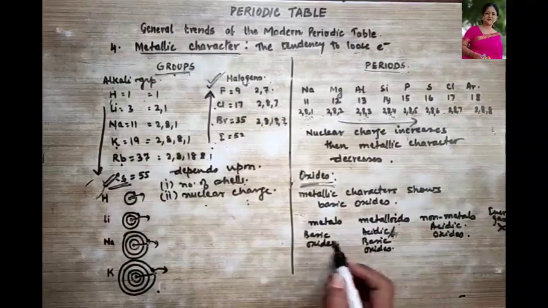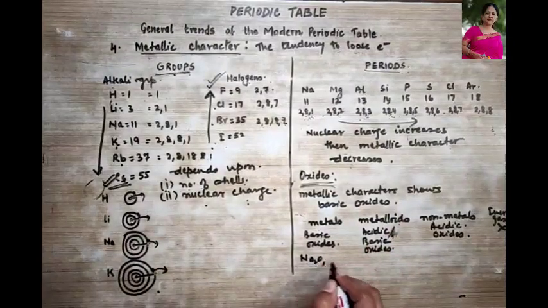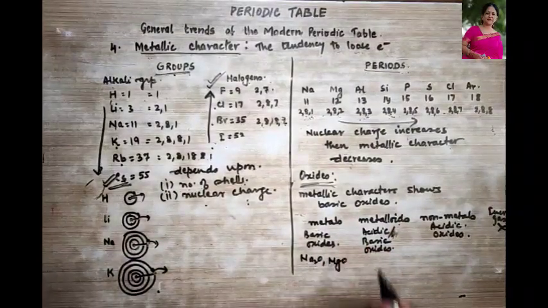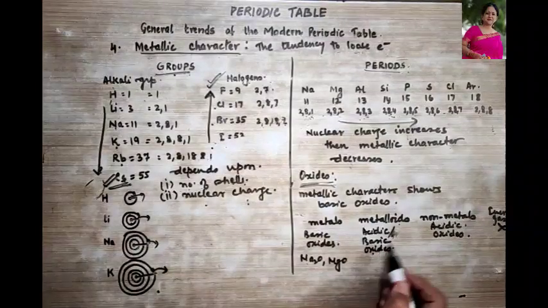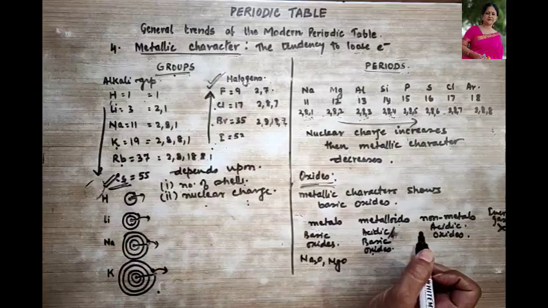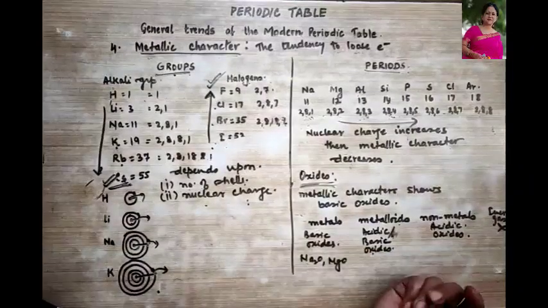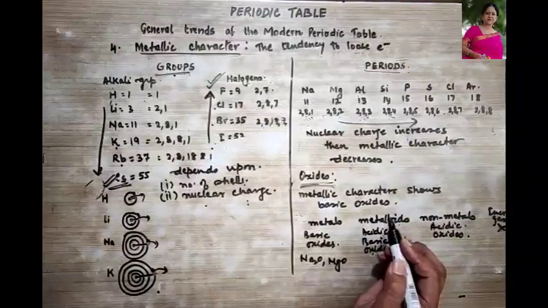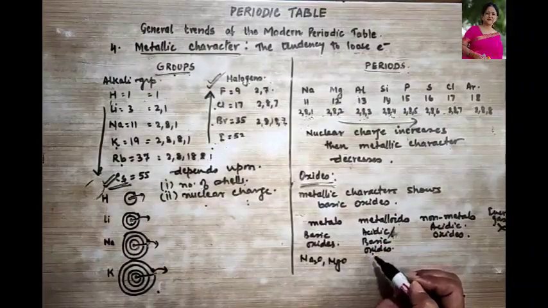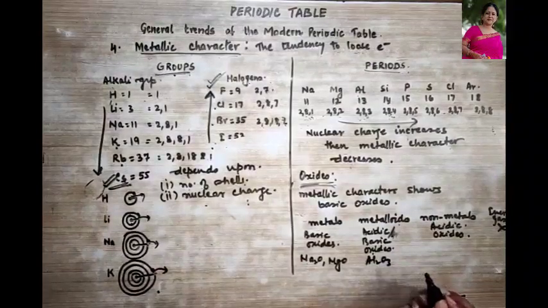Metallic oxides could be Na2O or MgO. Then for acidic or basic oxides, do you know aluminium is an amphoteric metal? So it is going to show you amphoteric oxides. And what are amphoteric oxides? Those which exhibit both acidic and basic properties. So over here you have Al2O3.